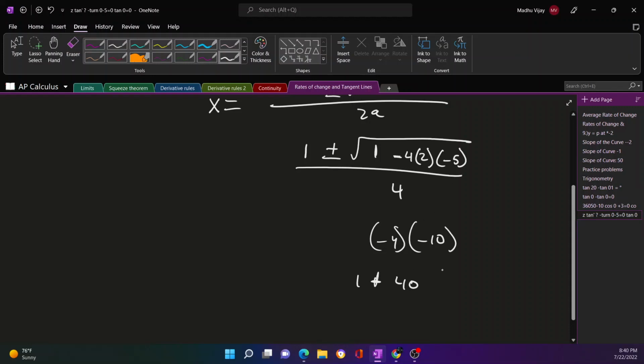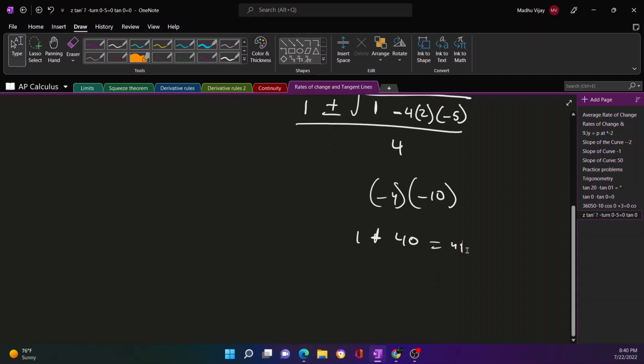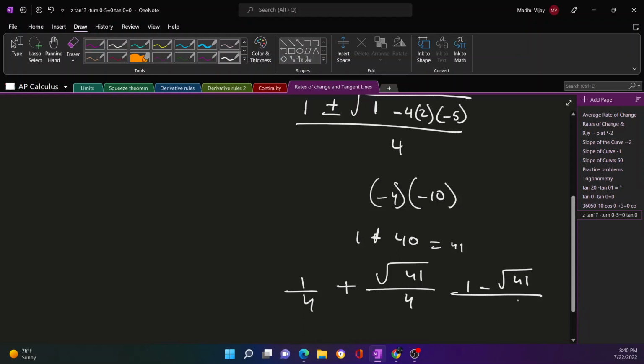Sorry, it would be plus 40. So that's 41. And then that's just under the square root symbol, all over 4, and then plus 1 over 4, and then 1 minus this, all over 4. Again, we can just combine this. And this is your answer right here.